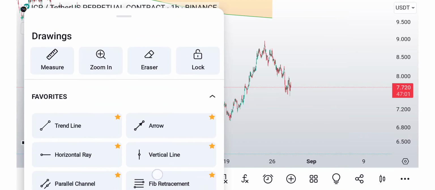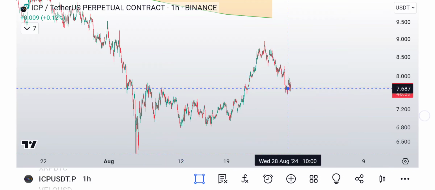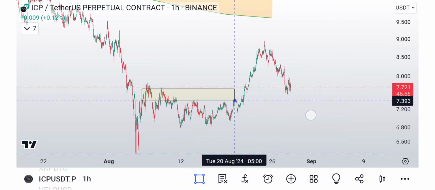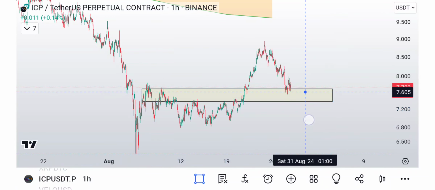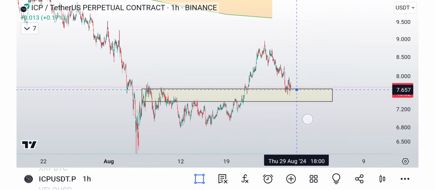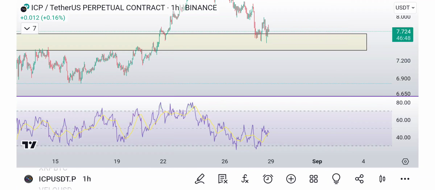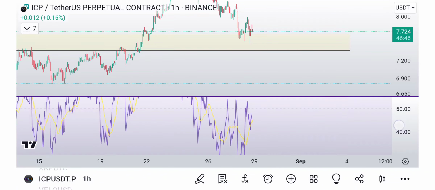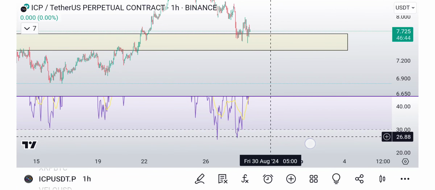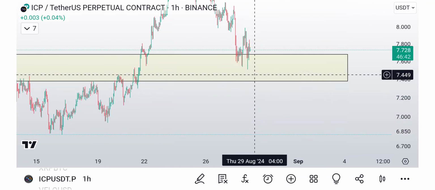ICP's doing perfectly well. It broke out and now it's back testing in here. So I would say anywhere in this range is a good area for it to hold, right? You know, don't really have much. Got a little bit of divergence, but not too much.